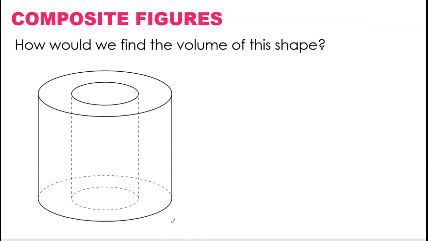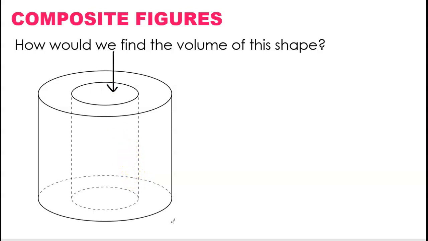So composite figures is when we put it all together, okay? So how would we find the volume of this shape? This shape is like a roll of toilet paper. It's not solid, right? It has an empty tube down the inside.